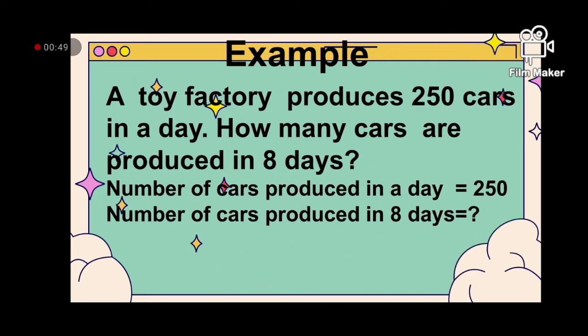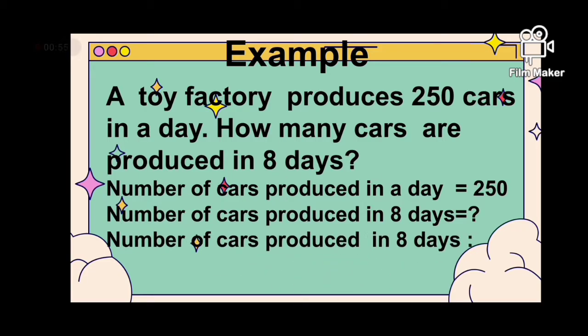And for the number of cars produced in 8 days, we just multiply the number of cars produced in 1 day by 8. Then, how many cars are produced in 8 days? 2000 cars are produced in 8 days.